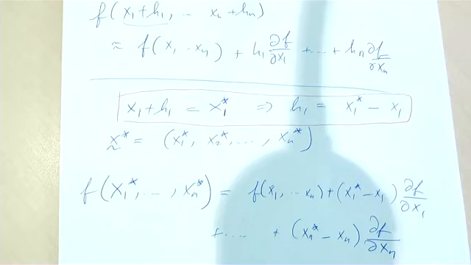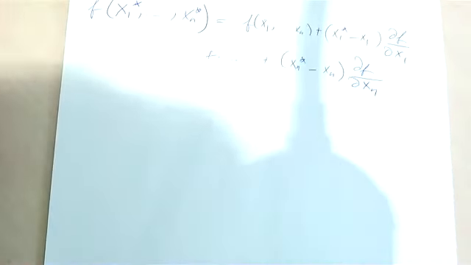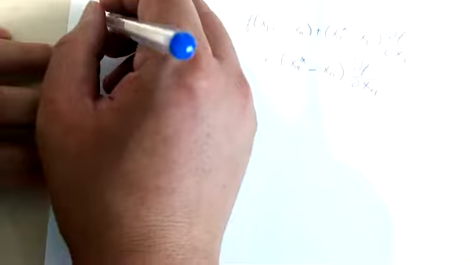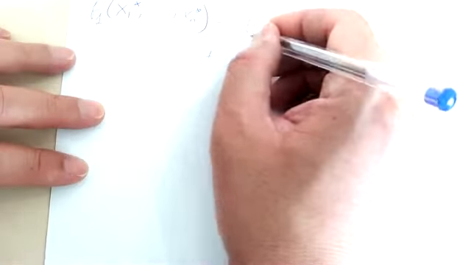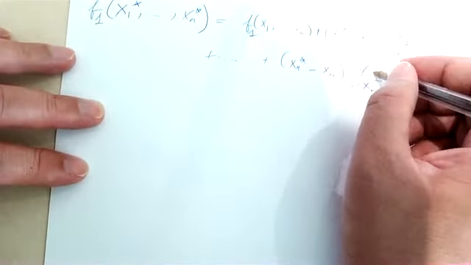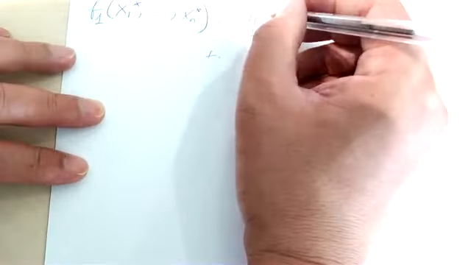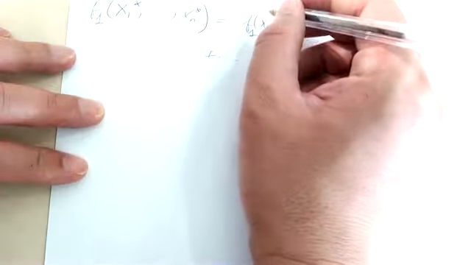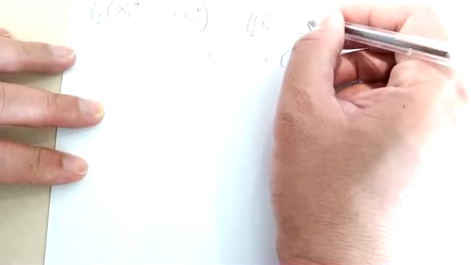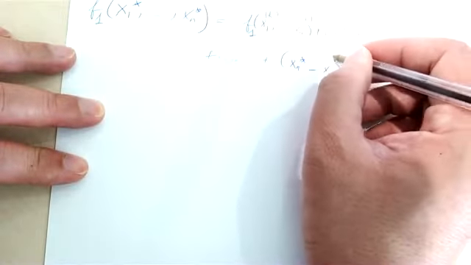And now, let me rewrite this system a bit further. So I just put this one to be f1, yeah? So I have f1 here, f1 here. I'm in the iteration k, so put iteration k. You know, because you have many iterations, so you replace x by xk, yeah?